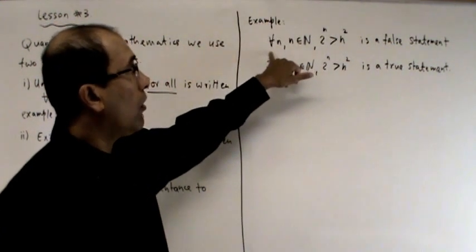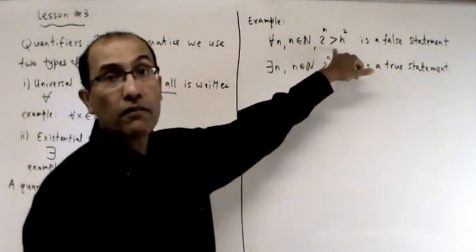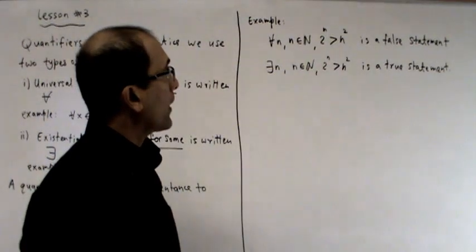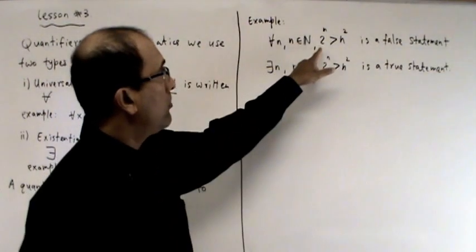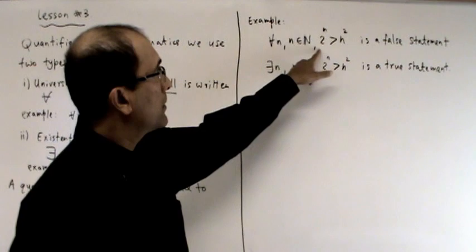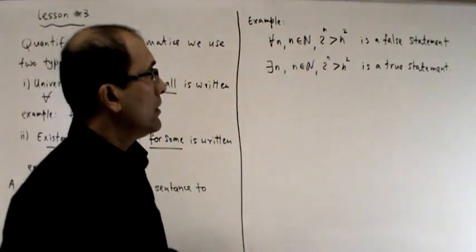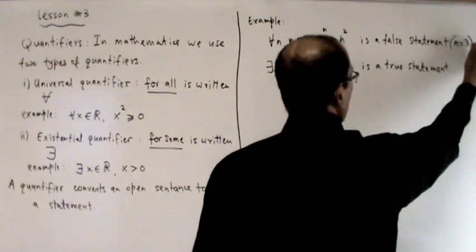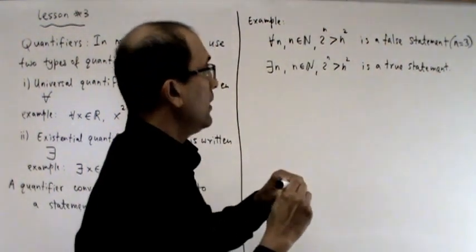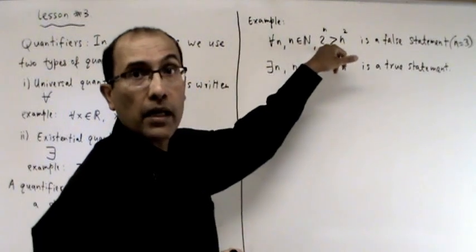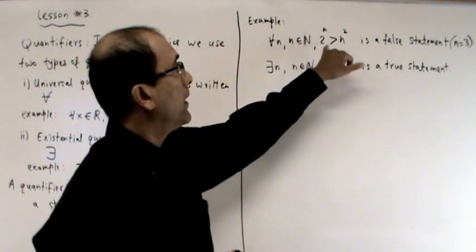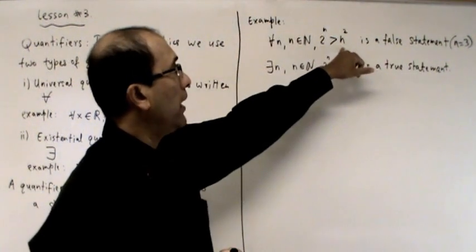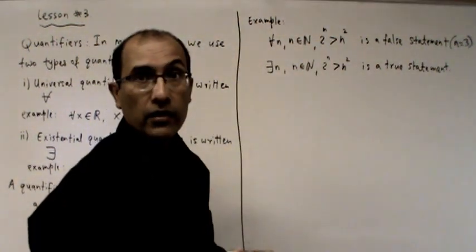But if I say for all n, then I know this is a false statement, because if I try n equals 3, I will have 8 on my left side, and this will be 9. So 8 is not bigger than 9, so this statement is false.